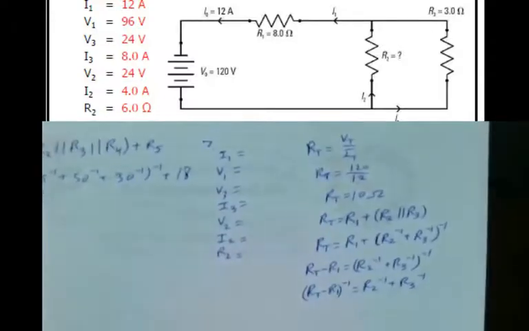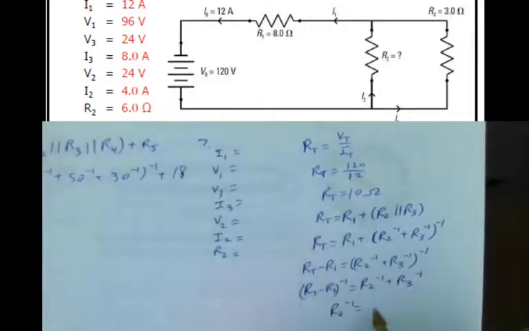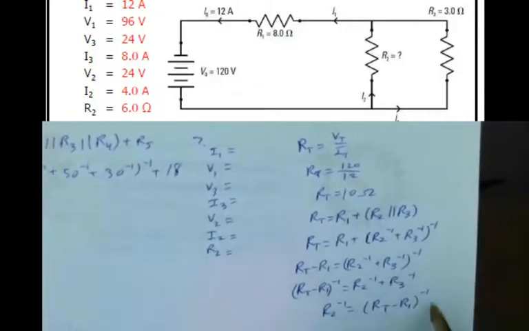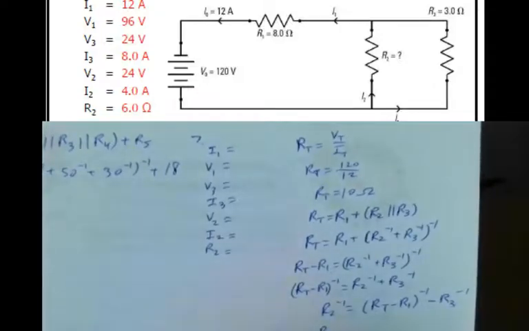And now I need to isolate for R2. So R2 to the negative 1 is equal to (RT minus R1) to the negative 1 minus R3 to the negative 1. And then I can reciprocate that side.